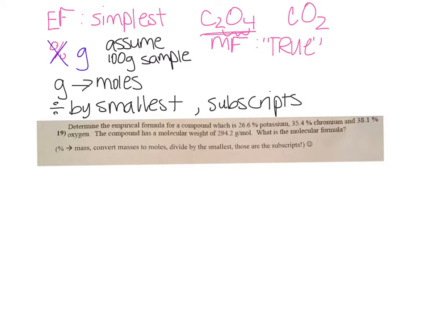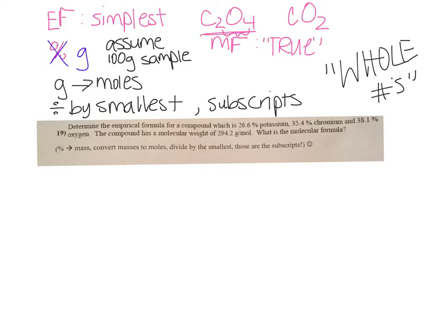If you get to one where you have like a 0.5 or a 0.25, you're going to have to multiply all of your subscripts by whatever number will get it to a whole number. So key idea here is you do want whole numbers, or things that are so close to whole numbers that they can be rounded and you're not really destroying what's happening here.